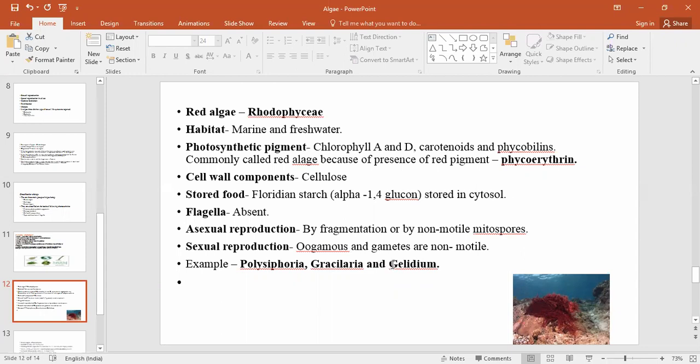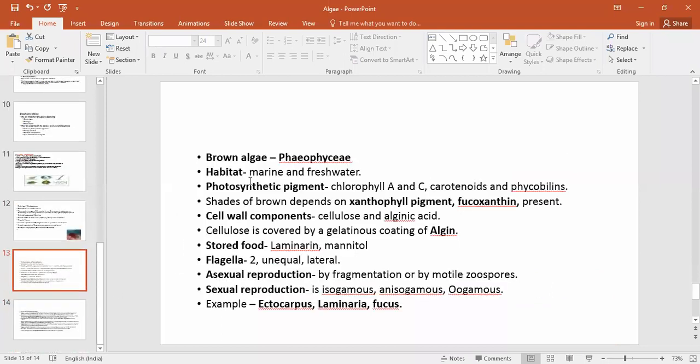In your syllabus the next point is the economical importance of algae; we will cover that shortly. Next is the brown algae, also called Phaeophyceae. The habit is the same as Rhodophyceae, marine and freshwater.